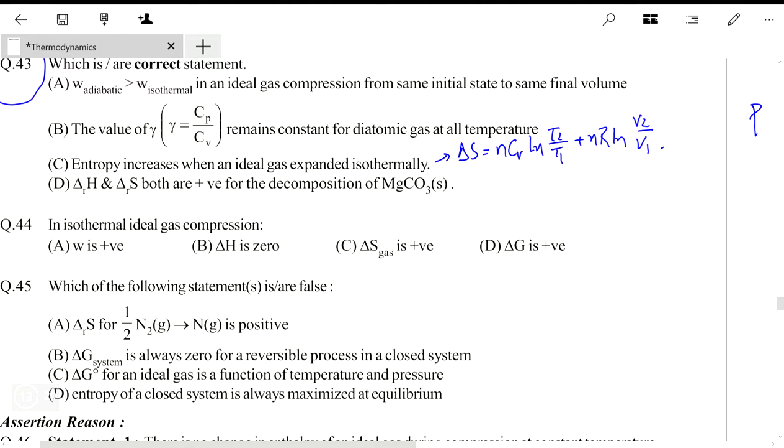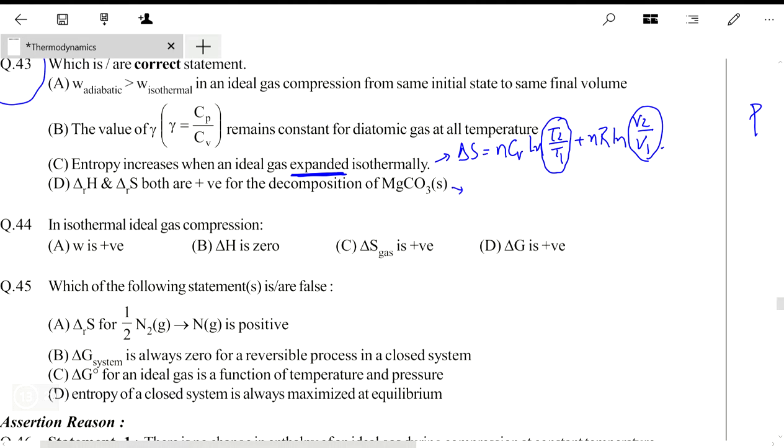This is true for ideal gases, not for any gas. As you can see, as long as T2 by T1 is greater than 1, that is T2 is greater, delta S will have a positive sign because of it. Same thing goes for volume as well. So entropy will increase both with an increase in temperature as well as an increase in volume. In this case, volume increases, so entropy increases as well.